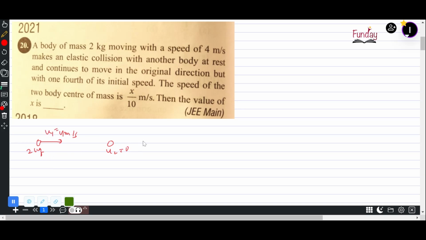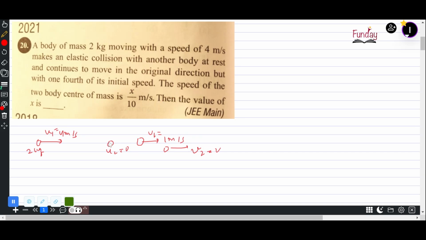After that the first body moves with 1/4 of its initial speed, which is 1 meter per second, that is v1, and this body moves with some speed v. We don't know that. The speed of the two bodies, center of mass of this.